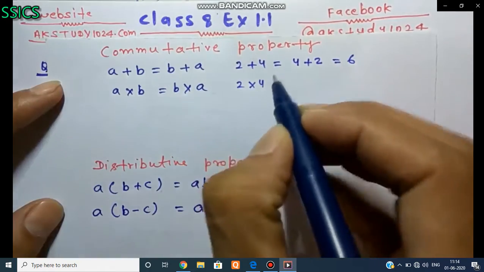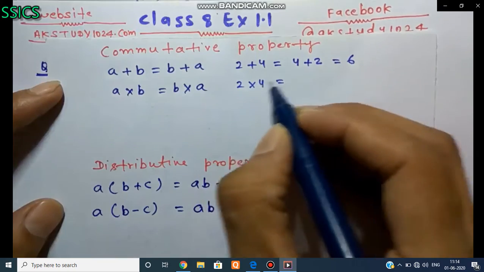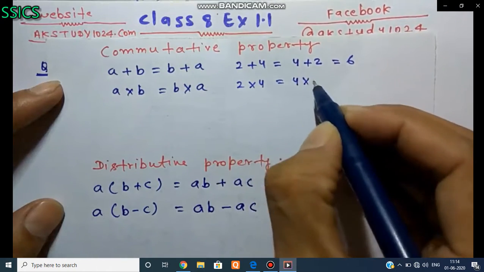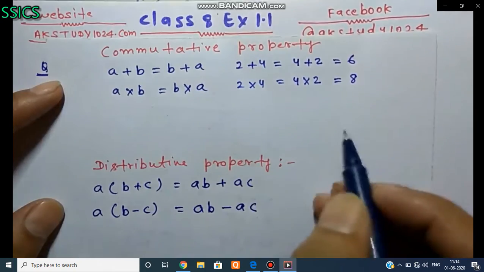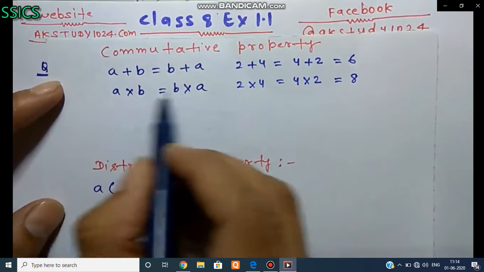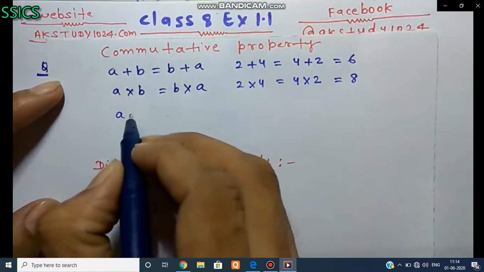With respect to multiplication, 2 into 4 is equal to 4 into 2. If you change the order, it works on both LHS and RHS. The answer is 8, so we say it is commutative.